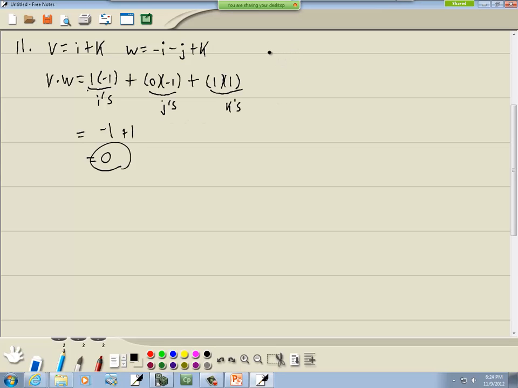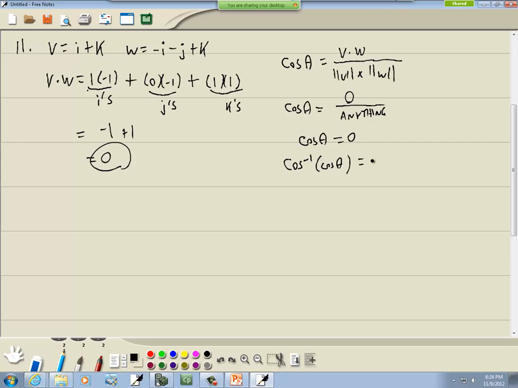Now the angle between these two vectors would be cosine theta is equal to the dot product of V and W over the magnitude of V times the magnitude of W. Well, the dot product is 0, and 0 over anything, assuming it's not 0, which it isn't, is equal to 0. So I don't even need to really do much work there. Now we'll take inverse cosine of both sides.